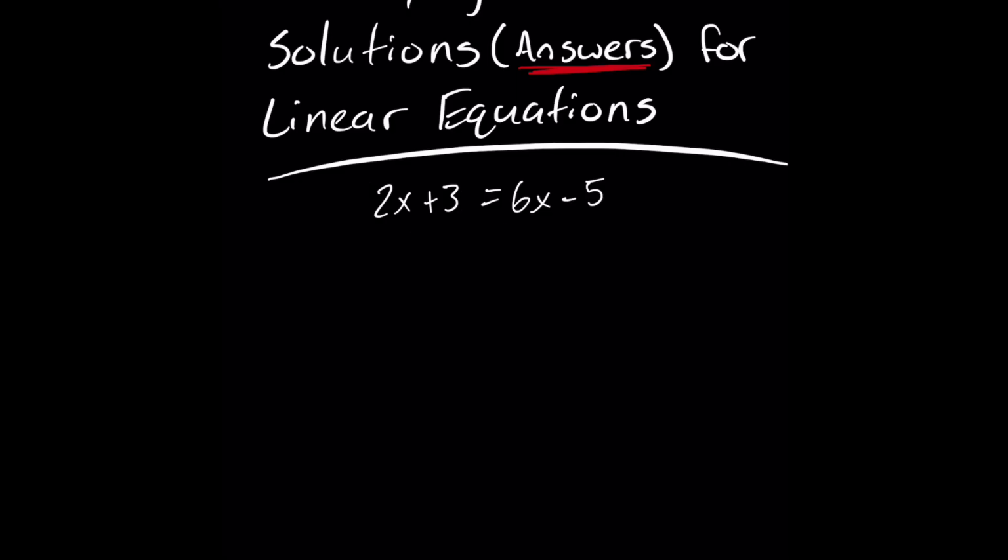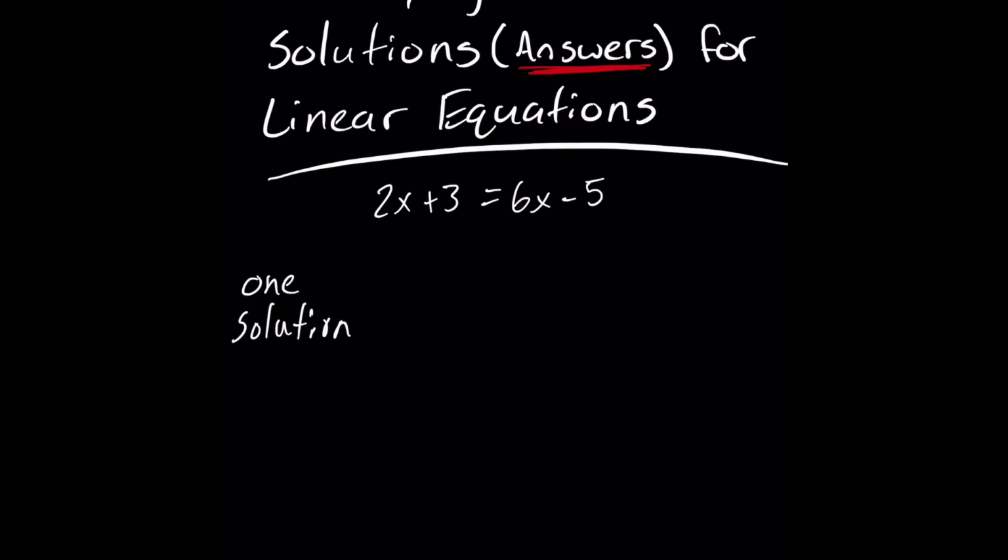So now that we understand what linear equations are once again, let's talk about the answers for them, okay? When you have a linear equation, there are 3 types of answers you can have. You can have one that has one solution, okay? All of the linear equations we have solved so far have had one solution.